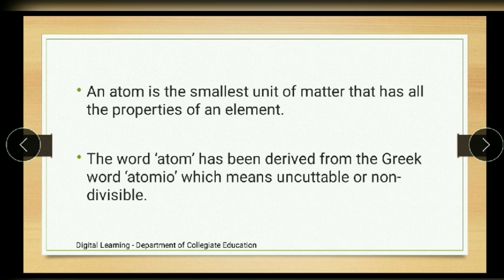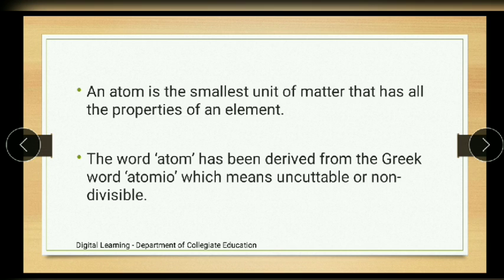An atom is the smallest unit of matter that has all the properties of an element. So we can call these atoms the building blocks of elements. The concept of atoms was given by the ancient Indian and Greek philosophers.